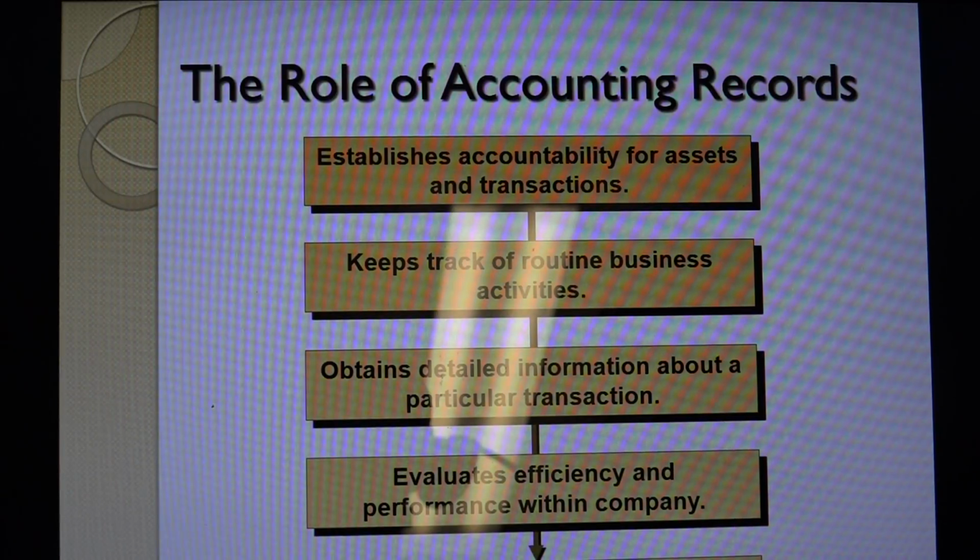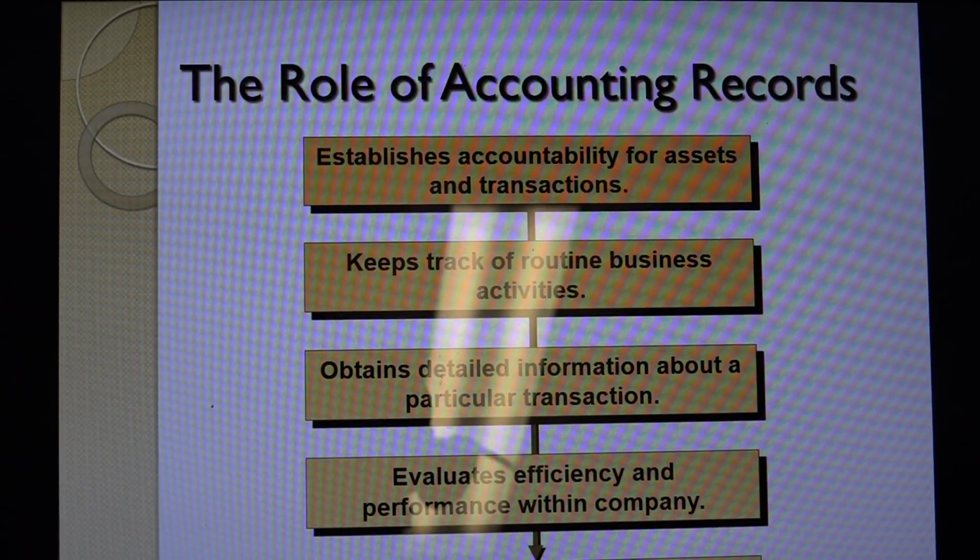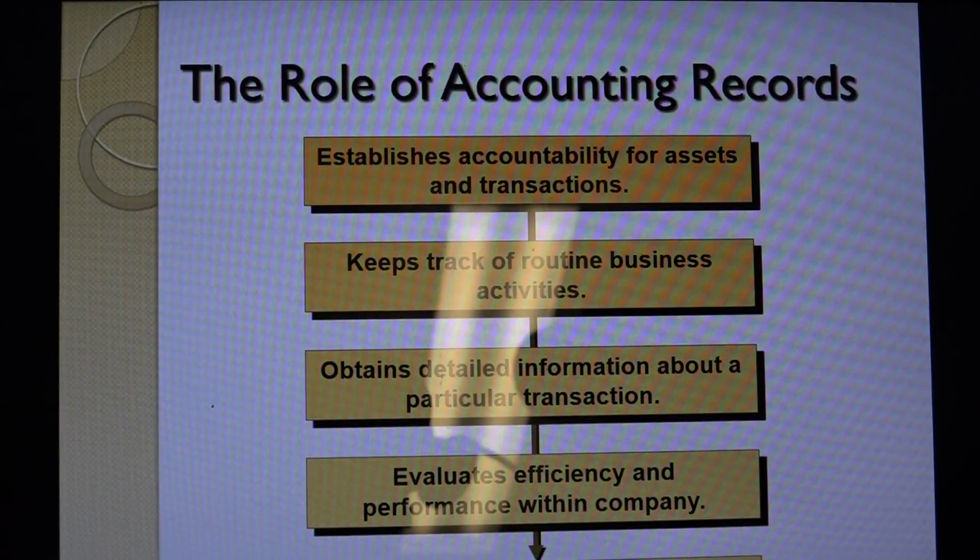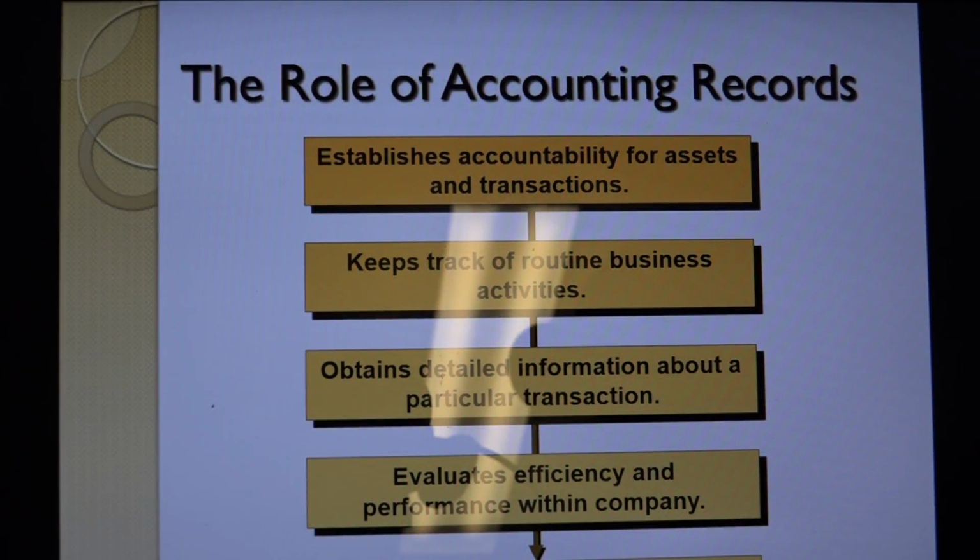We obtain detailed information about a particular transaction because you need that in order to know if, let's say, for example, you owe somebody money, you want to know who you owe and how much. Or if somebody owes you money, you definitely want to know who it is who owes you, how much they owe you.